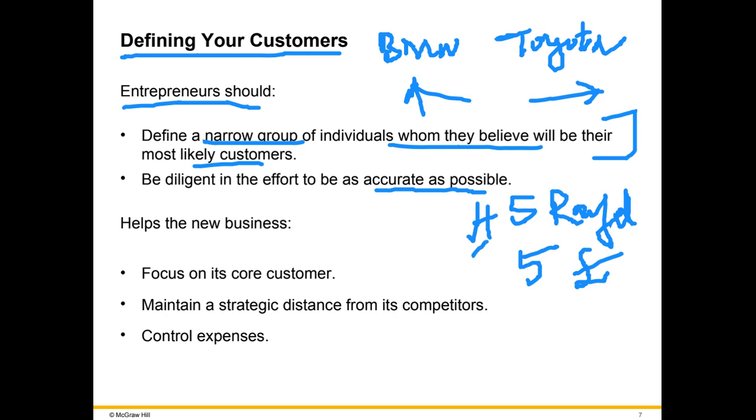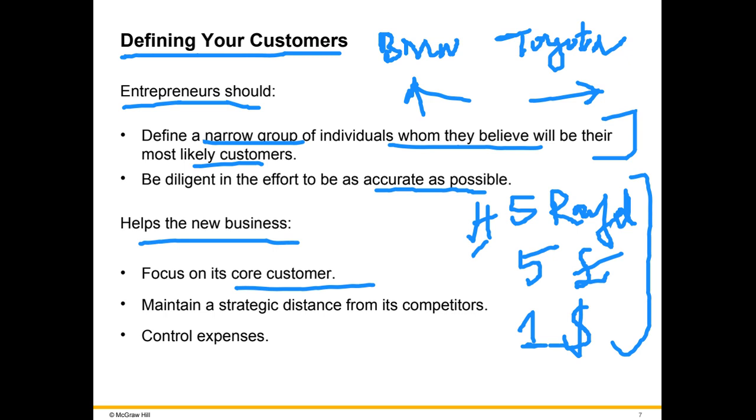And we have some dollar shops as well. So their clientele is defined. The low-end people, they just go to buy economical products from them. So what it helps us, the new businesses, is to focus on the core customers.